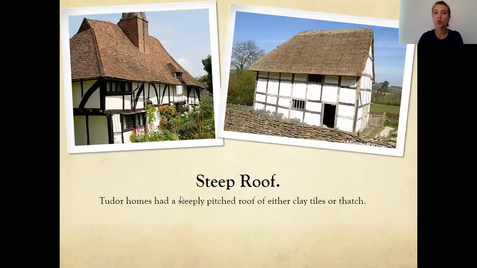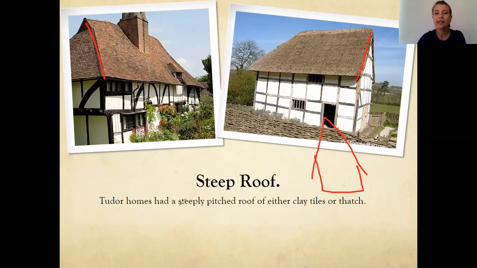Here, steep roof. The roof was like this, the same as we have nowadays, with the buildings and houses, most of them have this steep roof. It's this shape here. This is the steep roof.